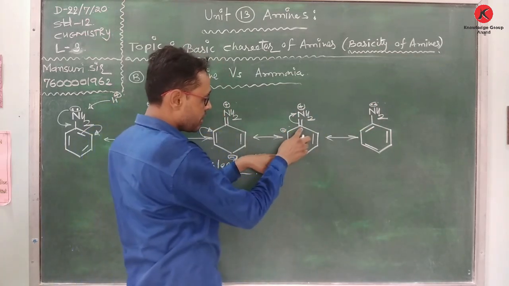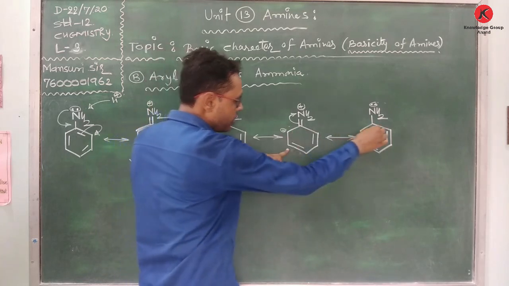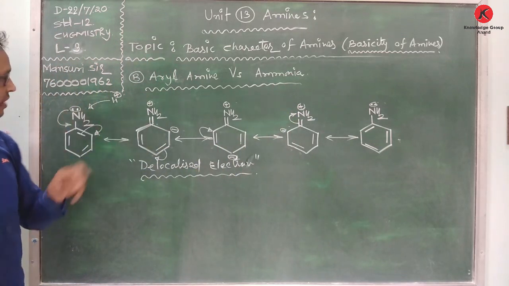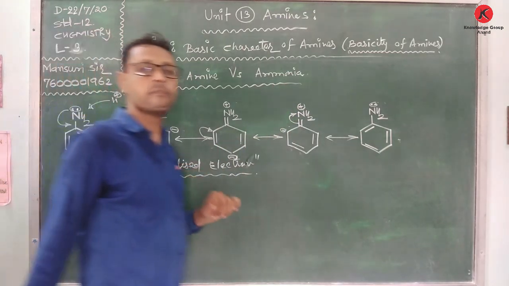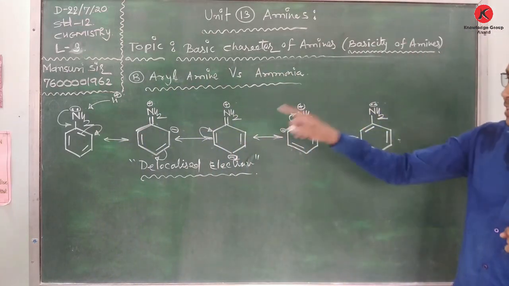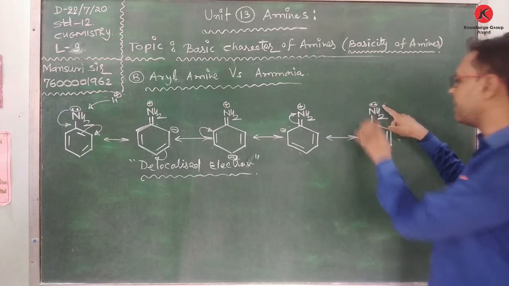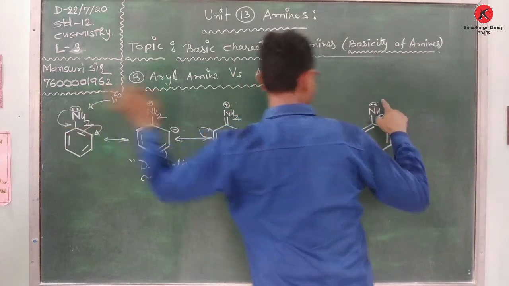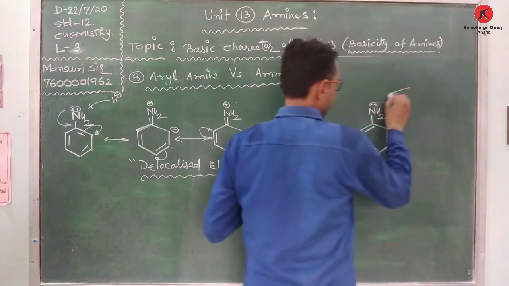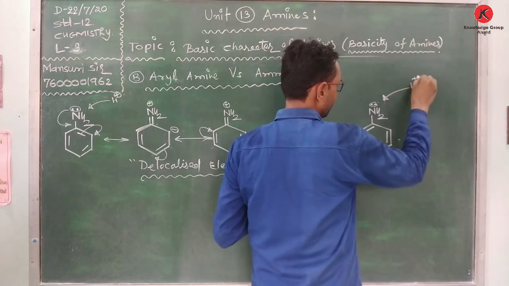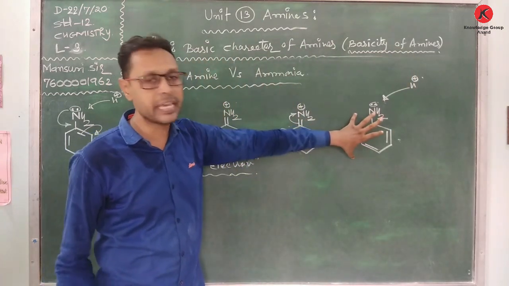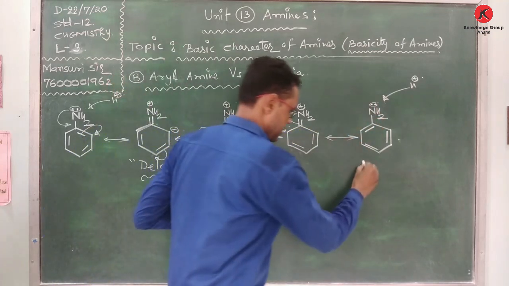So these five resonating structures express that the electron density on nitrogen is decreased. In 5 cases, only 2 have an electron pair on nitrogen. That is why it accepts H plus not very rapidly, not very fast. That is why it becomes less basic.